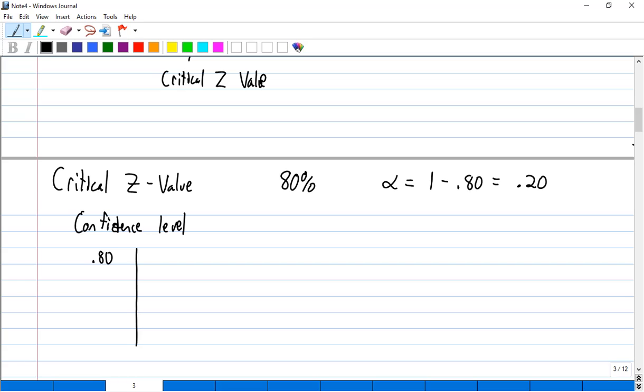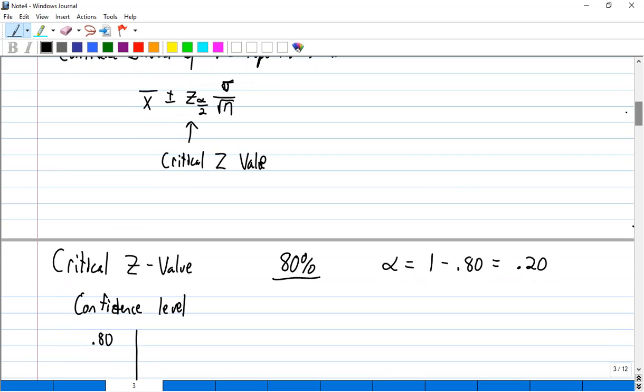All right, does everybody understand that? For an 80% confidence interval, I have to calculate alpha. Remember, there was an alpha in my formula. There was a little alpha right here. So for an 80% confidence interval, alpha is equal to 1 minus 0.80 is equal to 0.2. So if I plug that into the z, it'd be z sub 0.20 divided by 2.